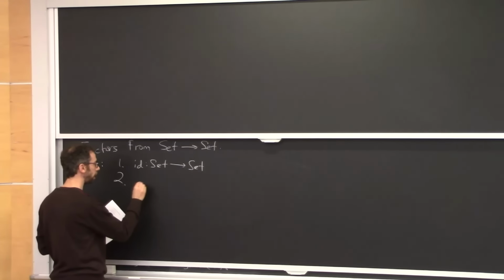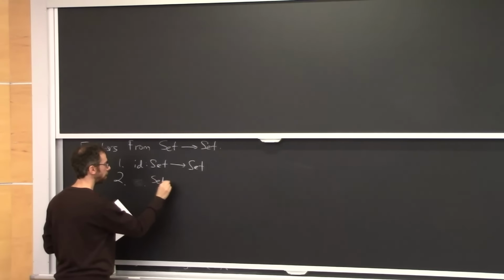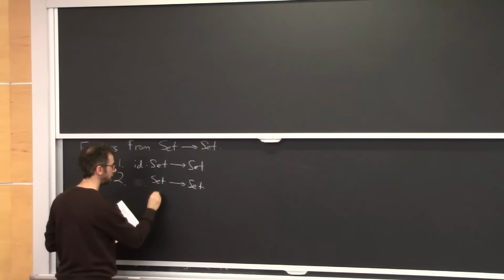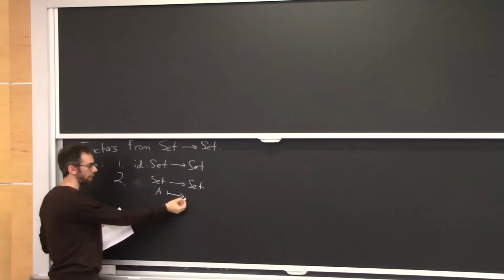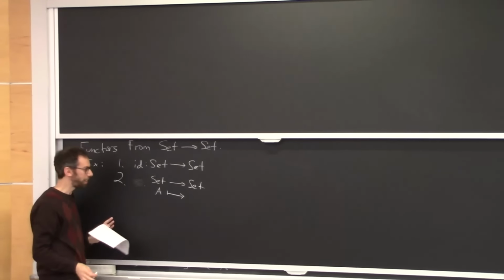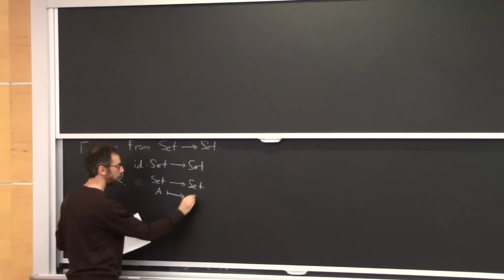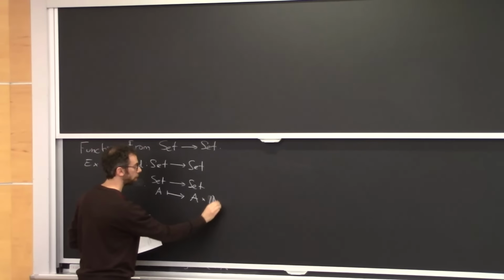But maybe here's a better one. So like maybe the functor from set to set that sends A maps to, in LaTeX, this is written \mapsto. It means that this thing is being sent to, and it's a distinguished arrow from that kind. But whatever, OK. A is mapped to A times naturals.